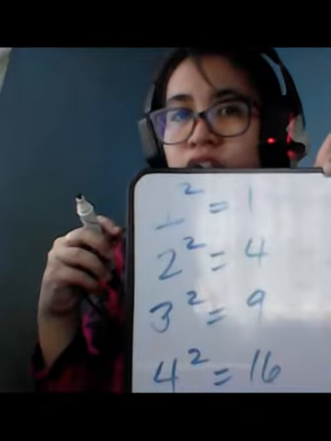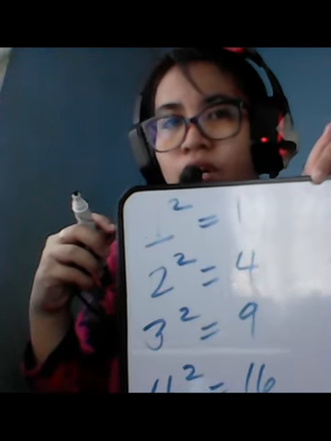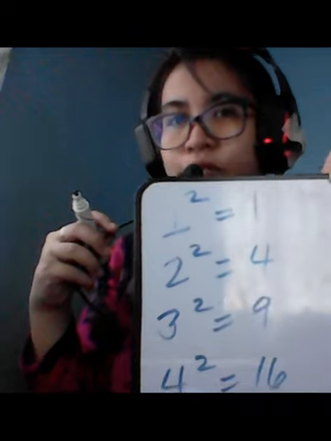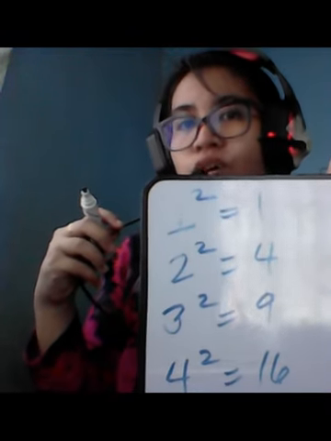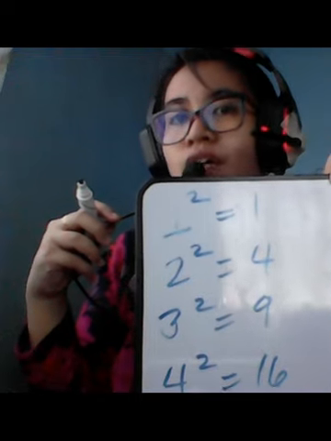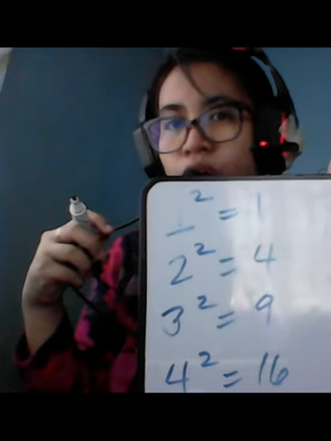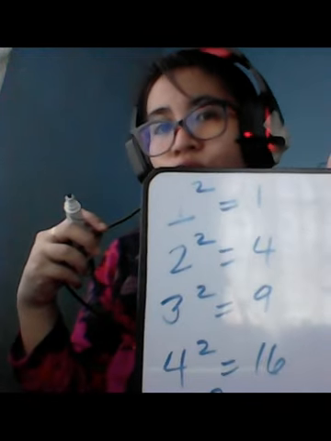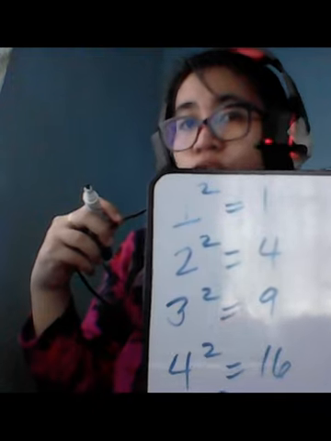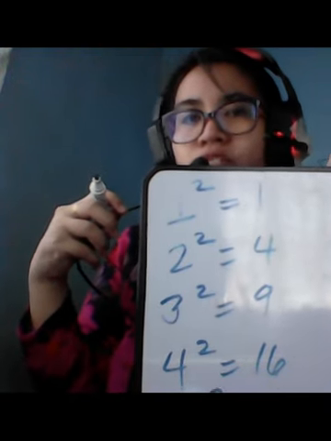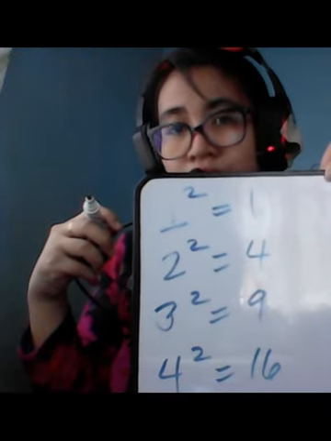So here it is. We have 1 squared equals 1. 2 squared equals 4. Therefore, the square root of 4 is 2. Because 1 squared means 1 times 1, 2 squared means 2 times 2, and 3 squared means 3 times 3, which equals 9. So when you are asked what is the square root of 9, your answer is positive negative 3.